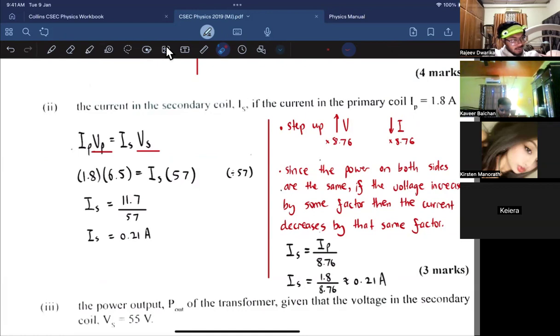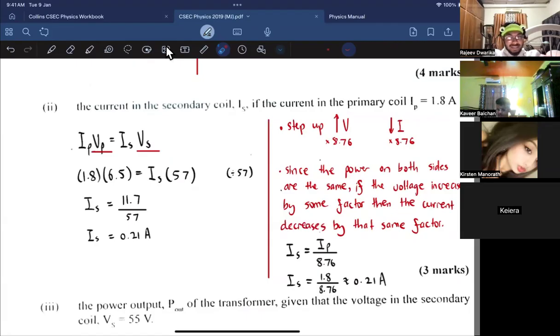Okay. So, it's our P. Yeah, starts with P. Power. Yes, it's power.